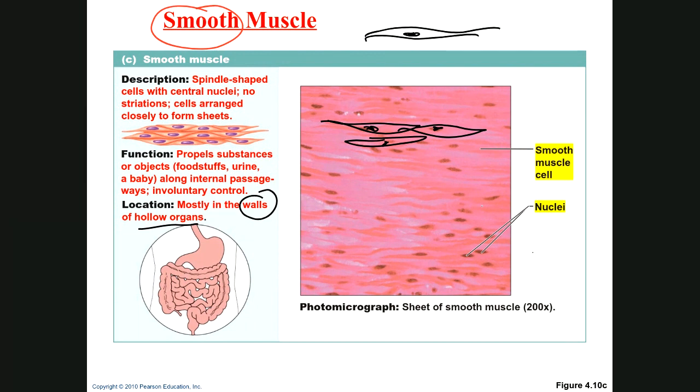This is probably one of the hardest tissues to identify, that of a smooth muscle. In the next session tomorrow, I'll have pictures of several different tissues, and we'll try to identify them as we go along. We'll come back to this tissue and show you how it can be confused with other tissues.